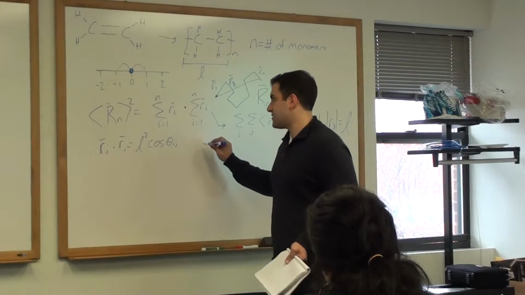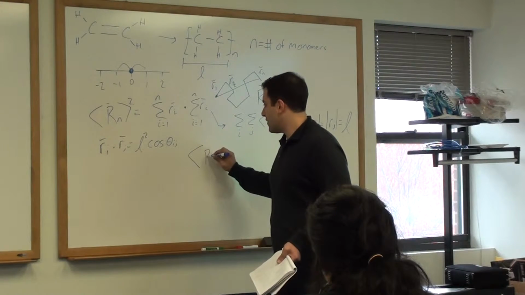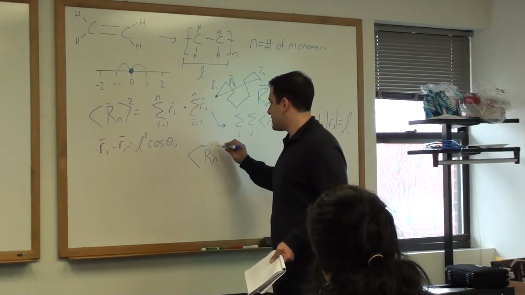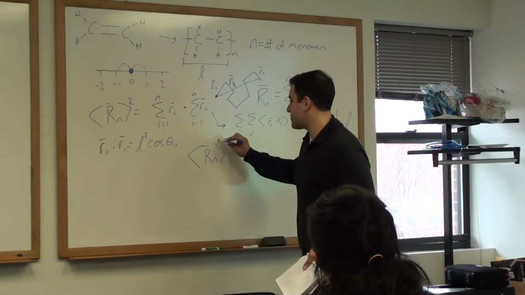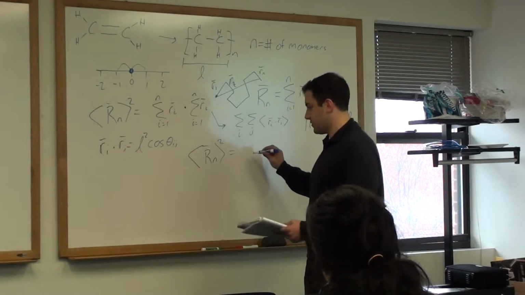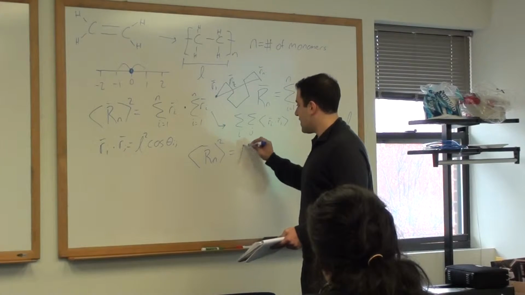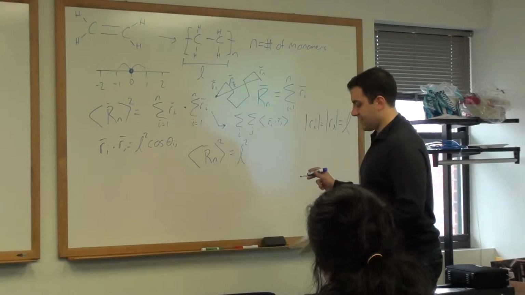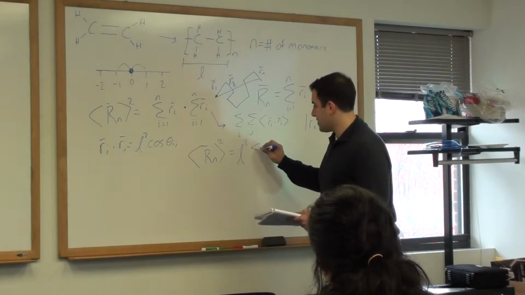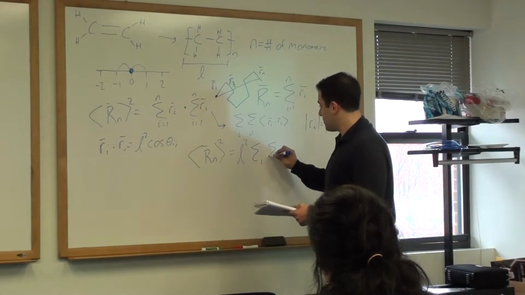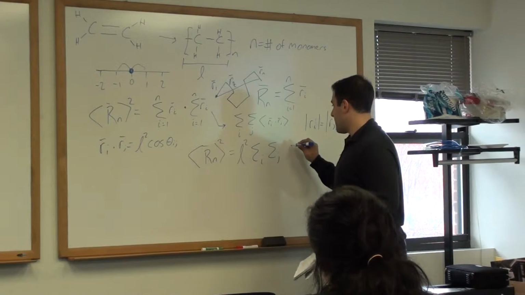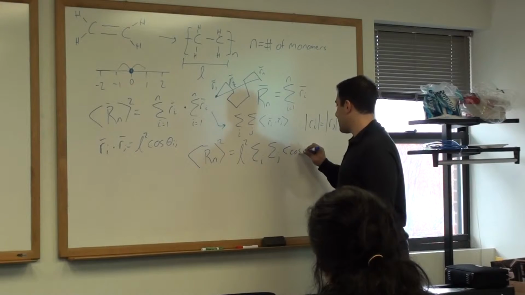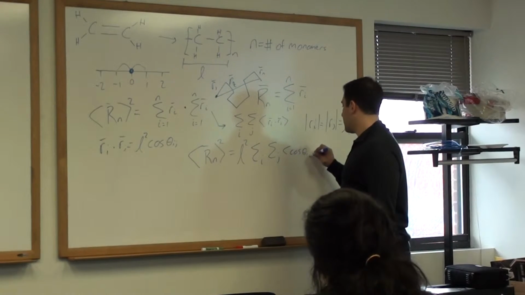So this then leaves us with the average radius of the polymer squared equal to L squared, or the bond length squared, times the double sum of the cosine of the angle between step vectors i and j.